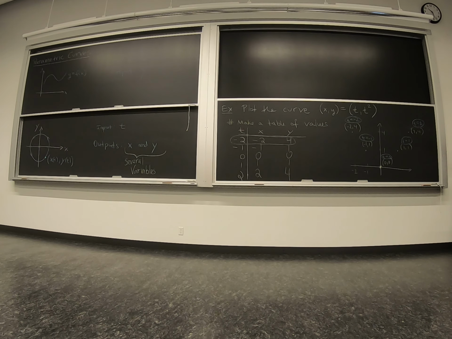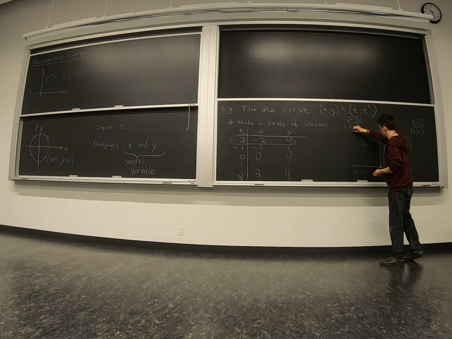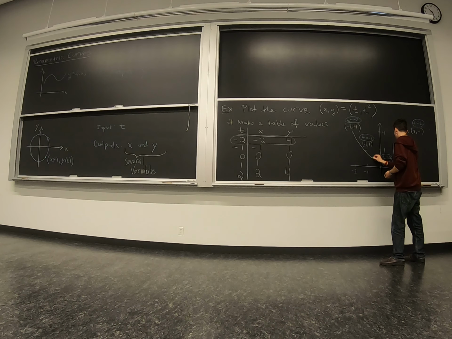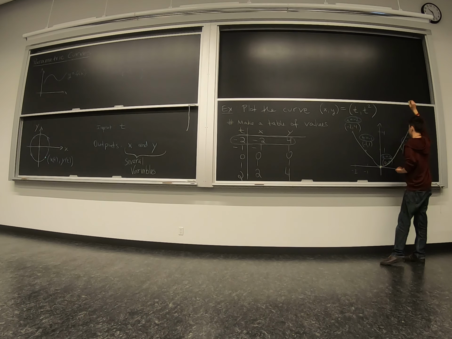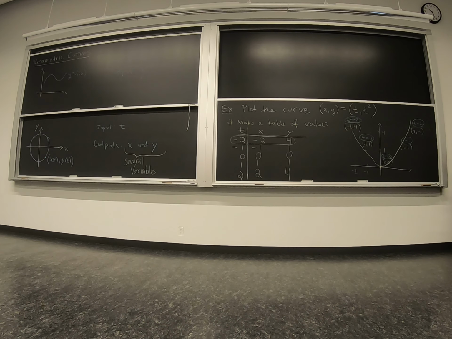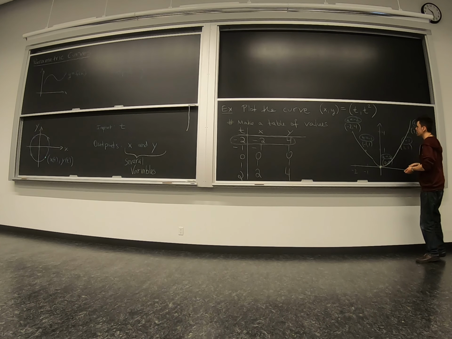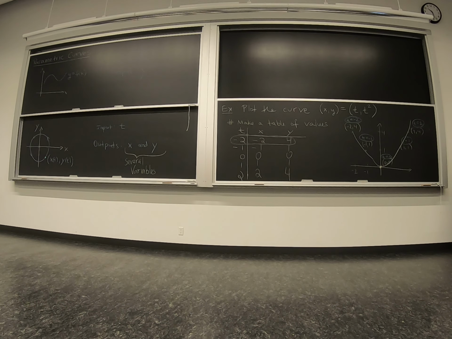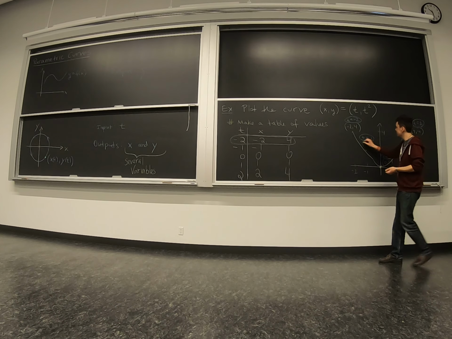Our point is moving along as we change the values of t, and it traces out a curve something like this. So we can imagine this as a direction of travel, as a path that we go in the plane.